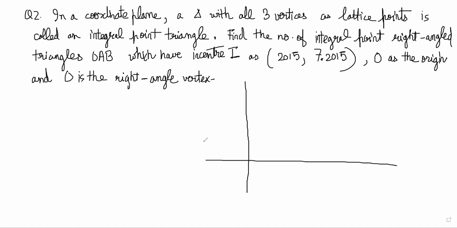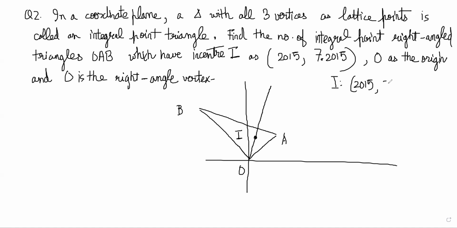So let's draw a rough figure. This is O, this is A, and this is B, and this is my line for the incenter, and the incenter is somewhere here, I, right? So I is supposed to be (2015, 7 times 2015).